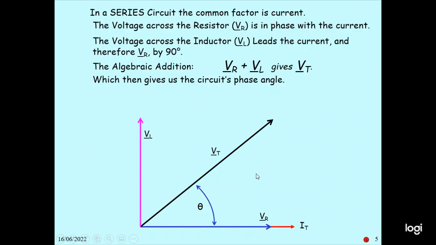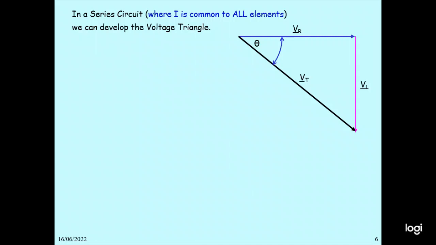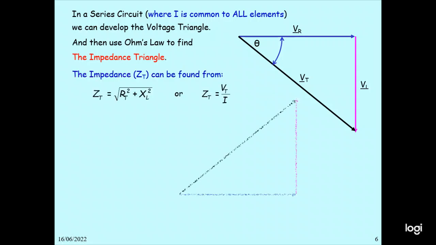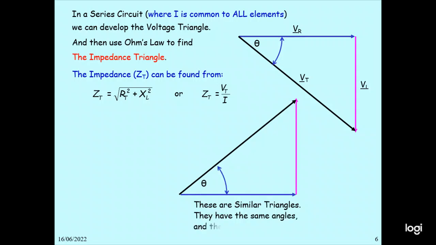We calculate that. In a series circuit, I is common to all elements. We can develop the voltage triangle. So this is VR, this is VL, and this is VT. This is angle theta. So this we call the impedance triangle. Impedance Z can be found from Z equal to square root of R squared plus XL squared.